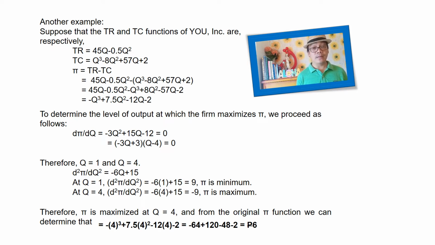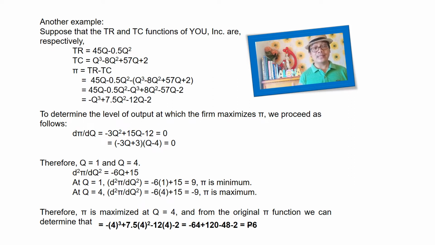So, we simply make use of the second derivative. Therefore, q equals 1 and q equals 4. Pero saan ba sa mga values na ito ang magbibigay ng maximum profit para sa U Incorporated? We simply evaluate using the second derivative of the profit function, which is equal to negative 6q plus 15. Now, we evaluate at q equals 1.